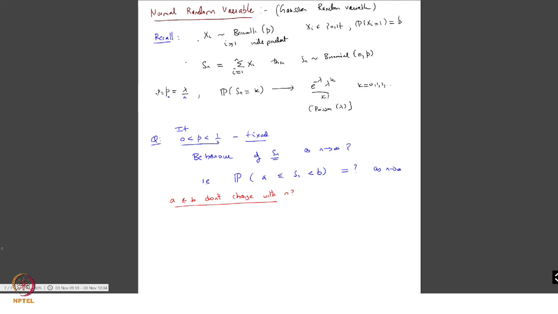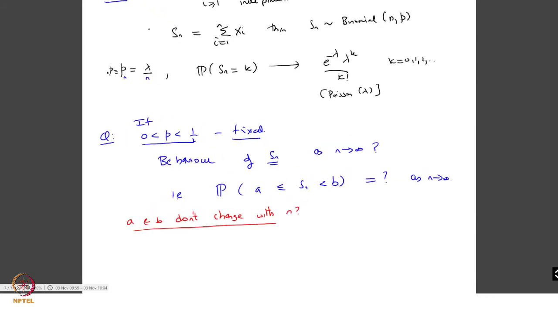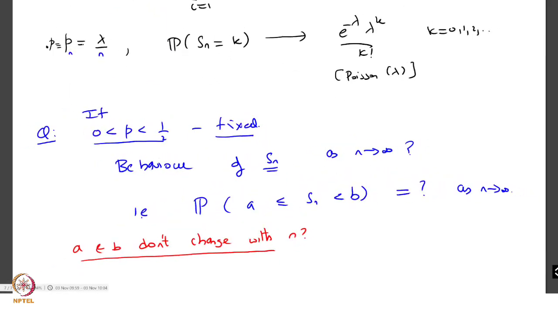Now, if a and b don't change with n, then this probability is going to go to 0, because Sn is going to be larger and larger with significantly higher probability, and a and b will be left out. This is something you have to think about a little bit.